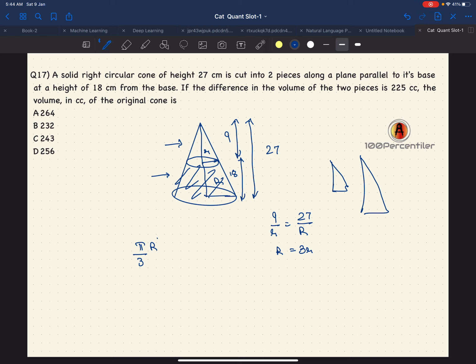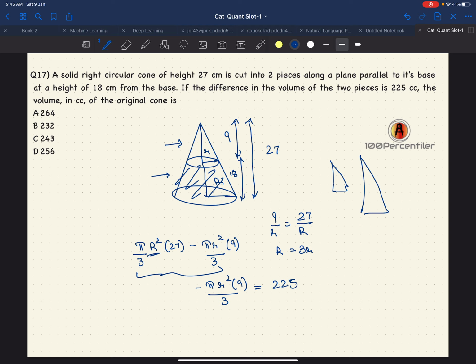So 1 upon 3 pi R square into H minus pi r square h. So this is the volume of this particular shaded part. Now we have to subtract the volume of the other part as well, and this is equal to 225.